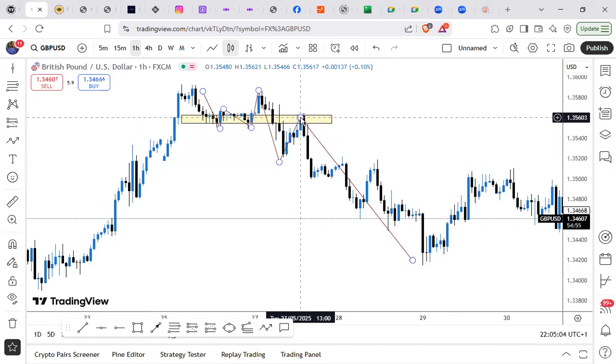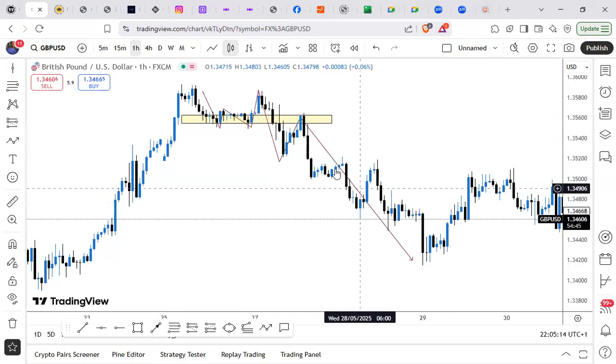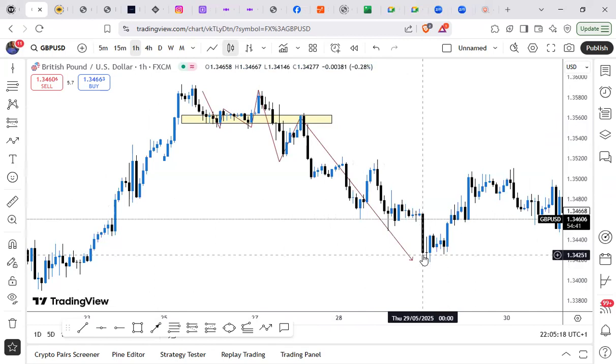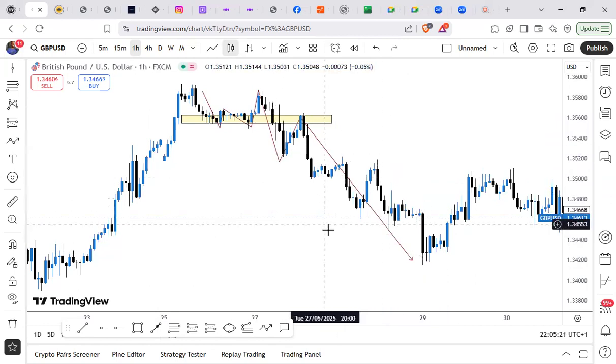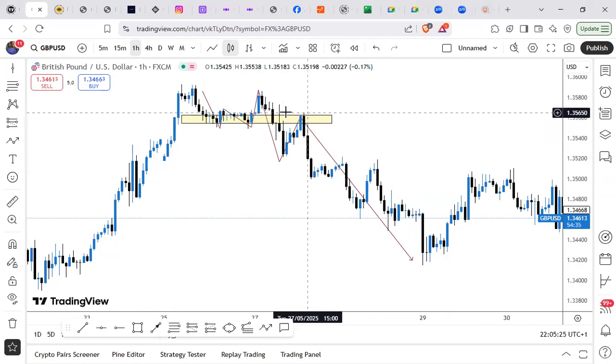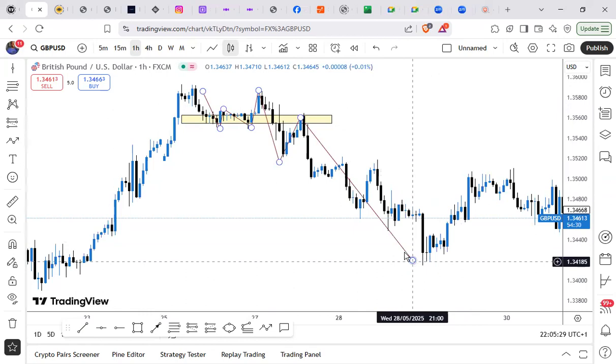So why didn't you point to the heavy black ones? Why did you just draw it straight down? I'm just saying after here, market started going downwards. I'm just giving a general view. I'm trying to explain this area.